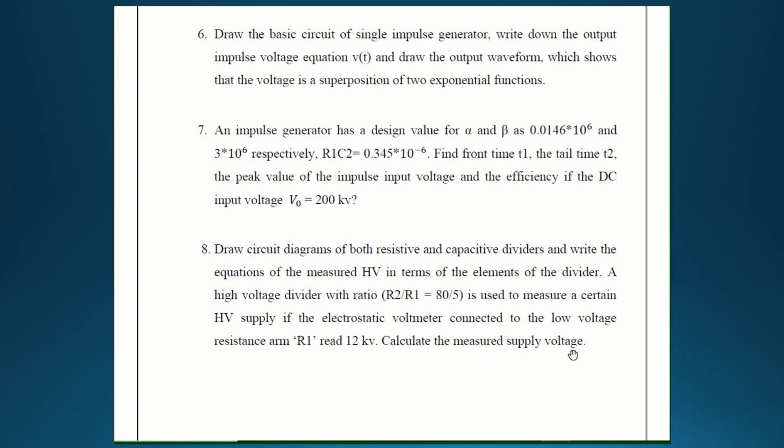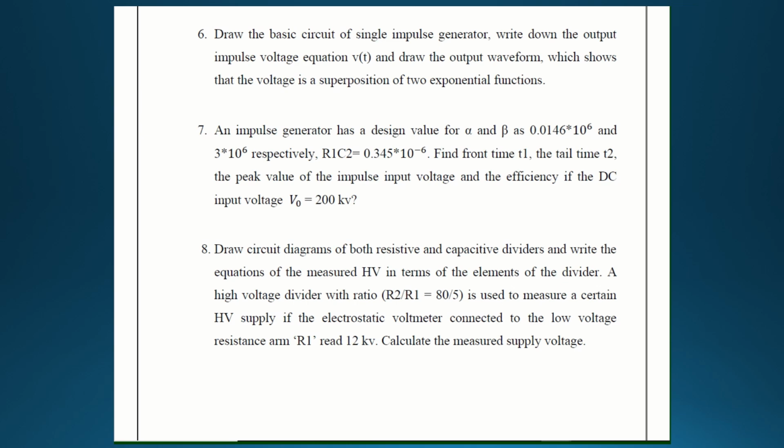Let's move on to the answer sheet to see how we can draw the circuit diagram for the resistive, and then for the capacitive, and how we can write the formula for both.